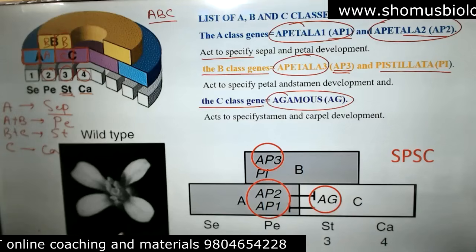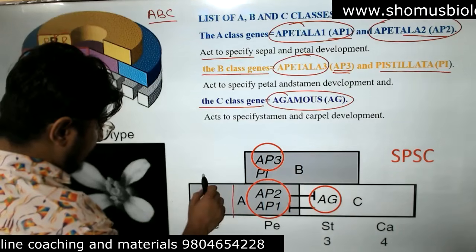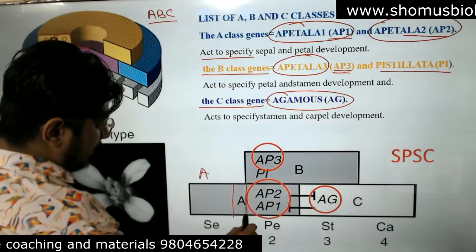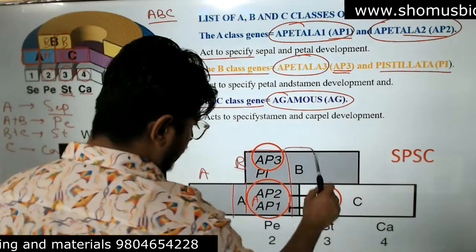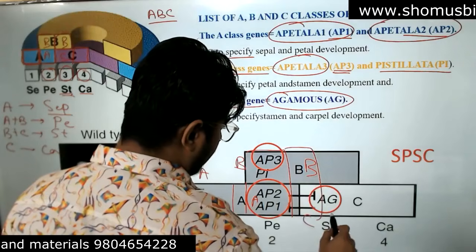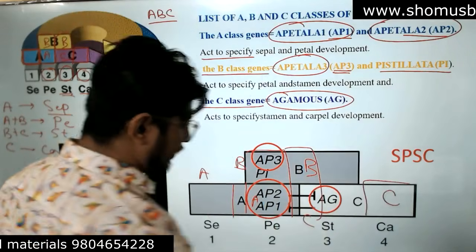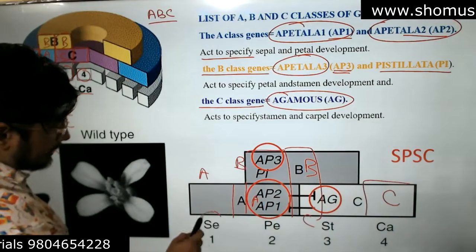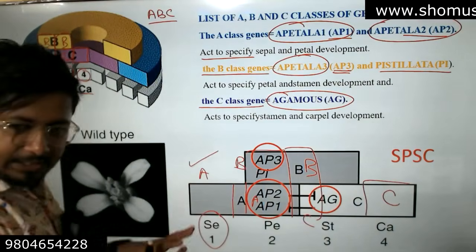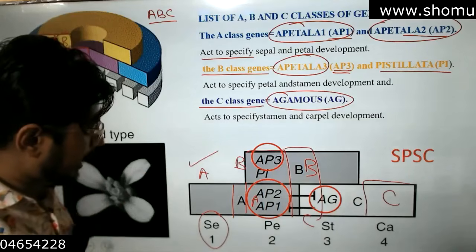This is how sepal, petal, stamen, carpel, all the four different identities are formed. You can see this is how the whorls are created. This is A only, this is A plus B, this is B plus C, and this is C only. Four different sections are denoted. A only means sepal, no gene interactions, only one gene product.